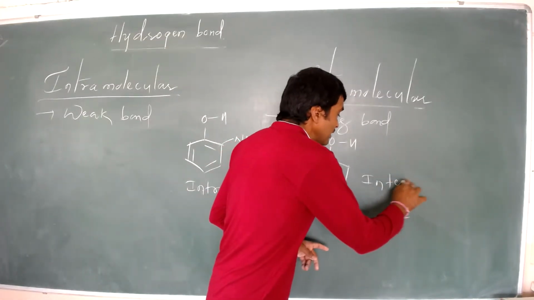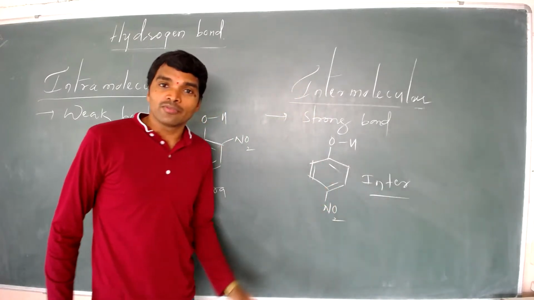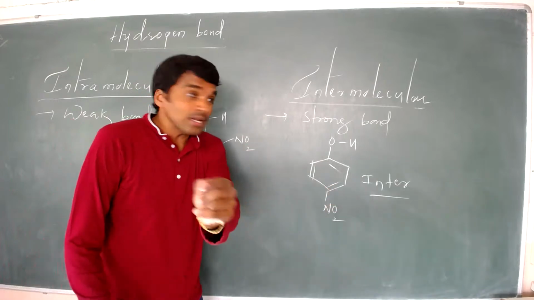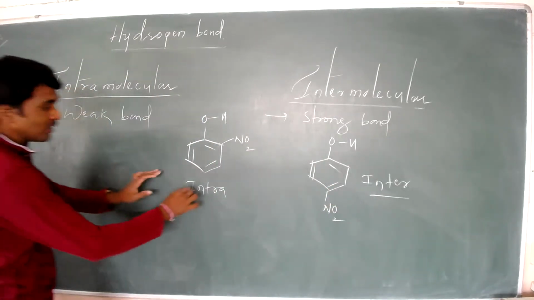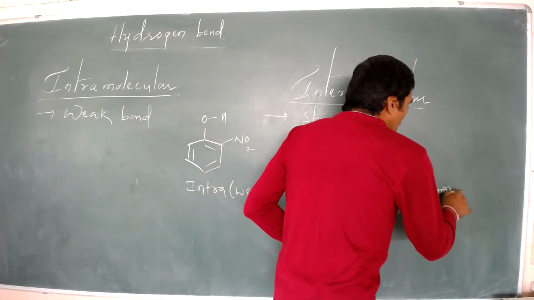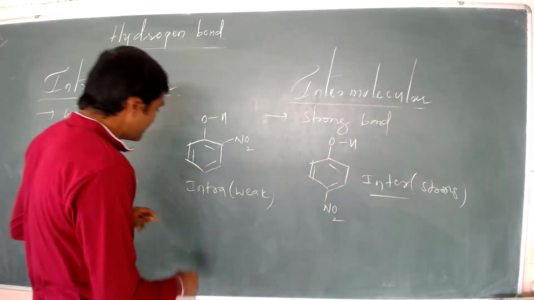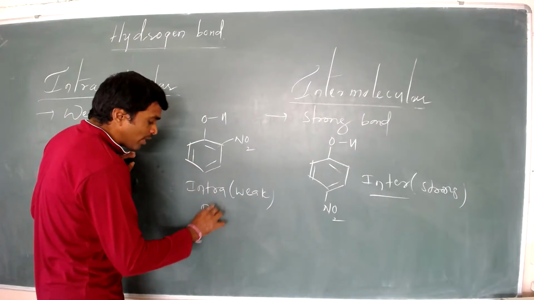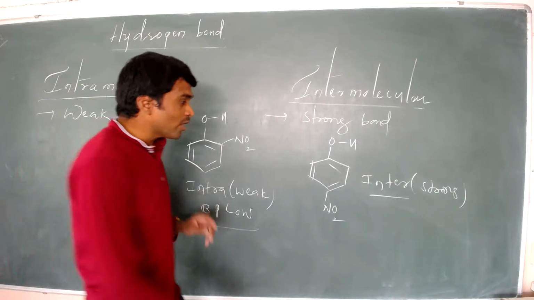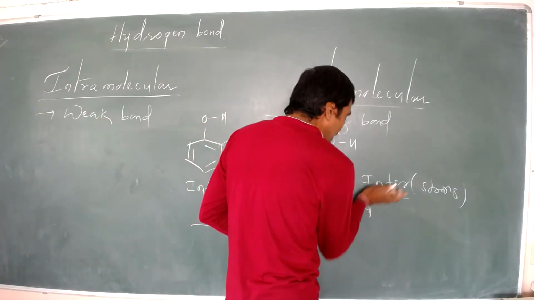This is intermolecular hydrogen bond. Both are forming a hydrogen bond, but what I told you, intramolecular hydrogen bond is a weak bond. This is the strong bond. That's why this compound has a low boiling point. It is having high boiling point.